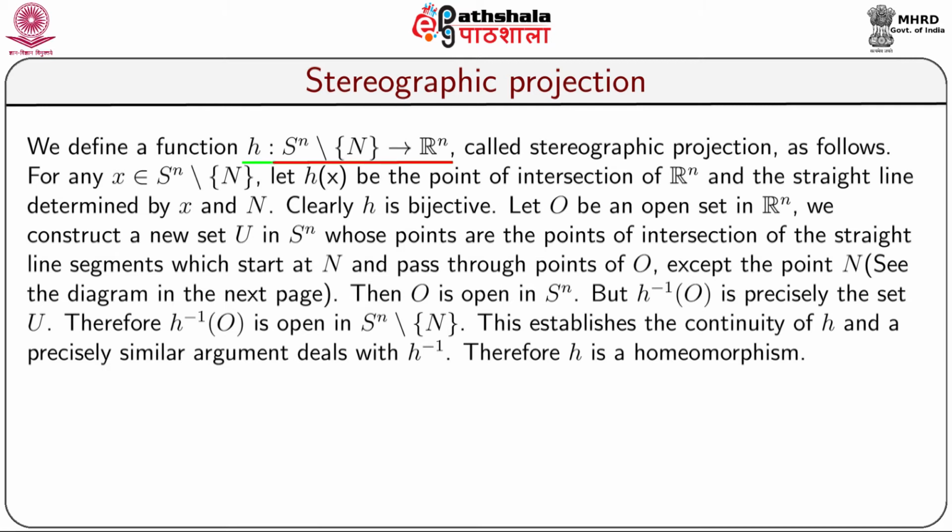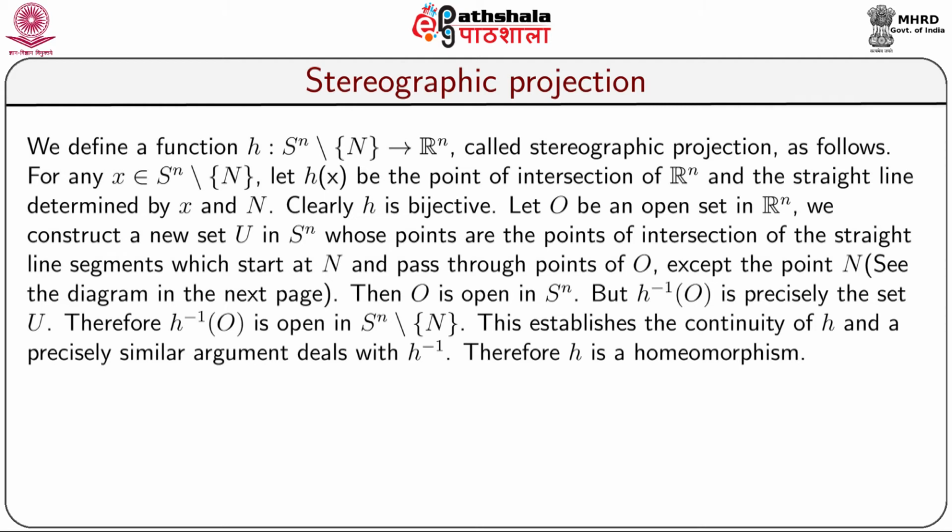We define H from Sn minus N to Rn, which is called stereographic projection, as this. If x belongs to Sn minus N, then H(x) is the point of intersection of Rn and the straight line determined by x and N. That means we take the line segment joining x to N and extend it, so that where it intersects Rn, that point will be the image H(x).